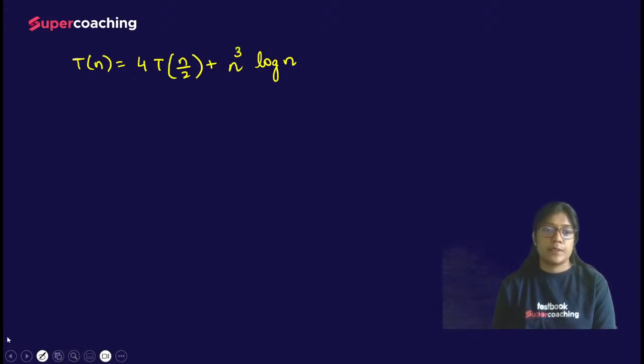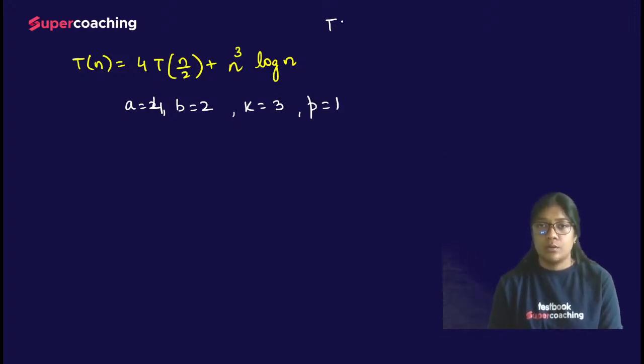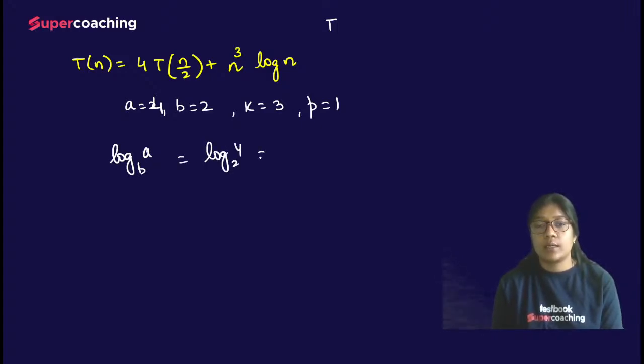Follow the steps. In this case, a is 4, b is 2, and k is 3, p is 1. So we'll find out log a with the base b. Log 4 with the base 2, that comes out to be 2.